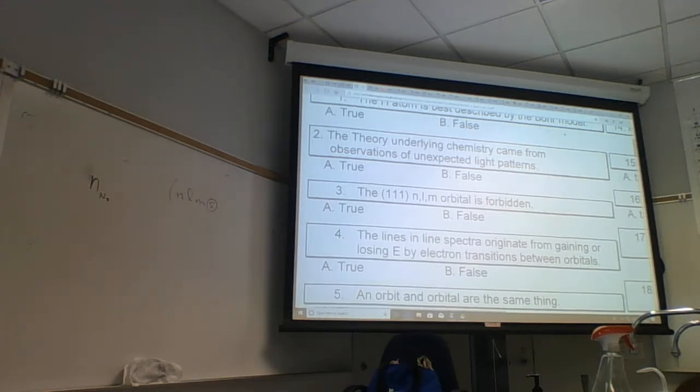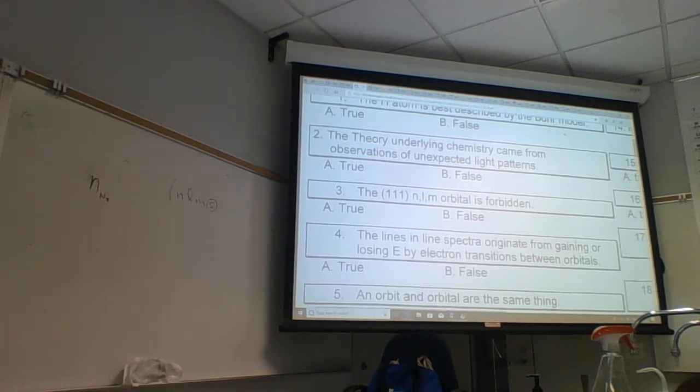And if I said n equals infinity, is that allowed or forbidden? It's allowed. And so I could ask you one multiple choice question on n. I should ask you one multiple choice question on l. What are the possible values for l? It has to be all values from 0 to a max of n minus 1.